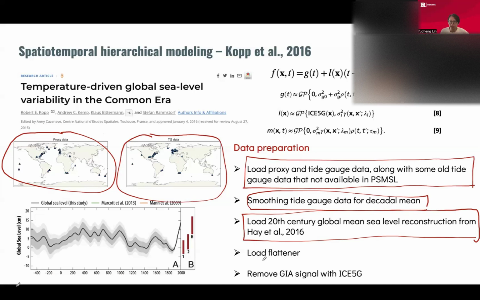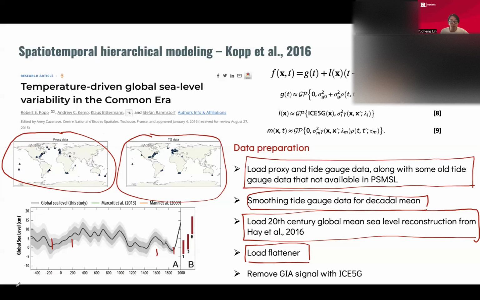And there is something special called a flattener. He used a flattener to ensure the sea level between -200 and 200 is the same as the sea level at 1600 to 1800.